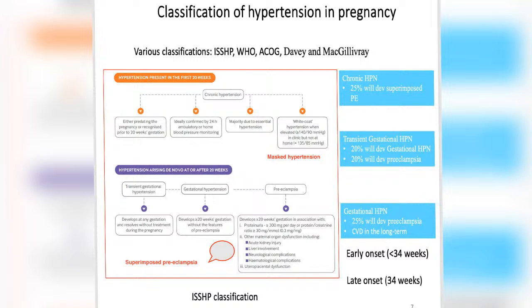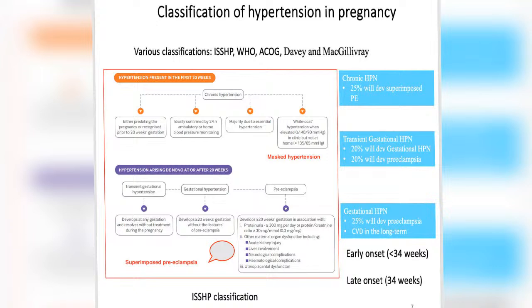Our first one is hypertension present in the first 20 weeks. When you look at the chart on the screen, it is either pertaining to the pregnancy or recognized prior to 20 weeks of gestation.